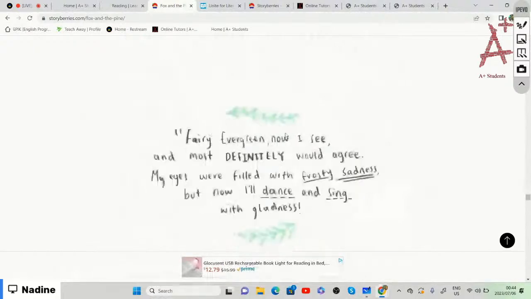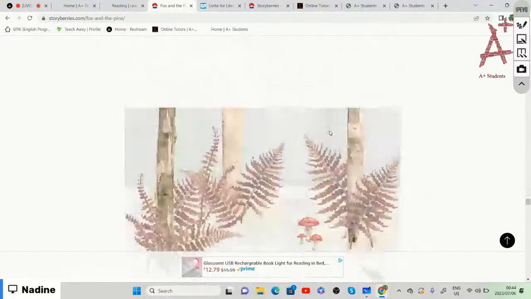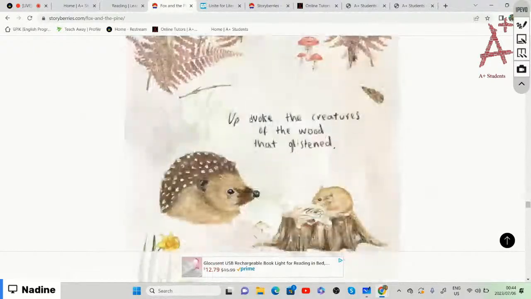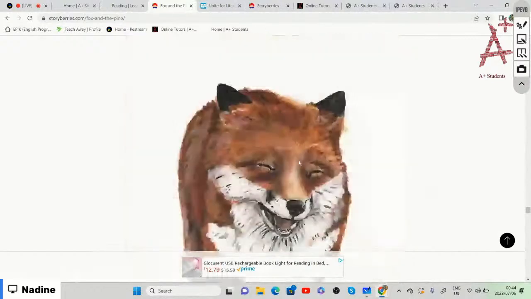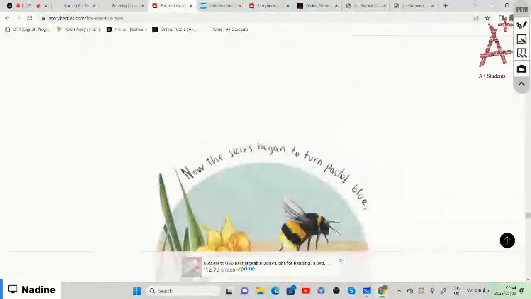Fairy evergreen, now I see, and most definitely would agree. My eyes were filled with frosty sadness, but now I'll dance and sing with gladness. Up woke the creatures of the wood that glistened, and little fox felt pleased he'd listened.